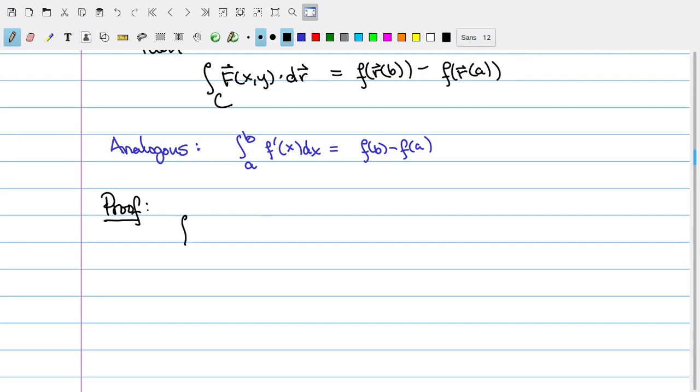By definition, I know that the integral over C of the vector field is going to be equal to the integral from a to b of the gradient of f of r of t dotted with r prime of t dt.